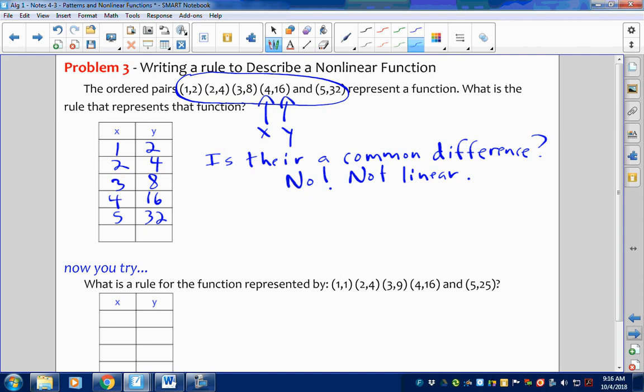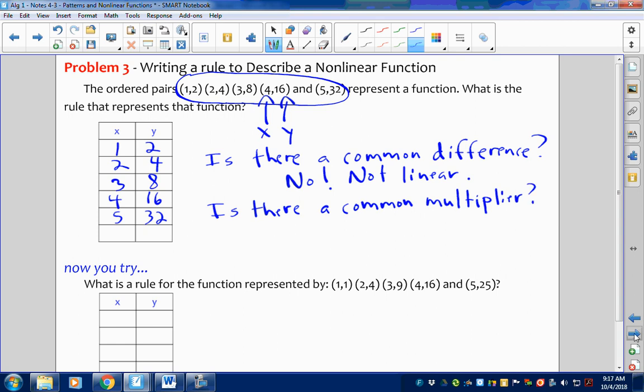Second thing you might want to ask, before you just start, you have to have cubics and squared ones memorized, but is there a common multiplier? Yeah, it's 2.